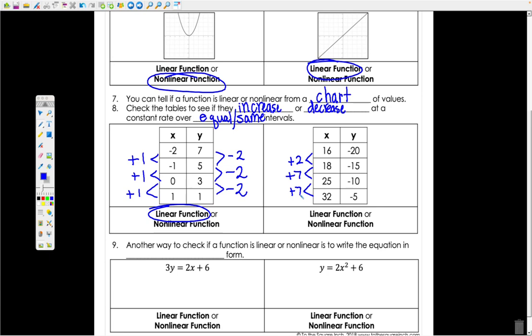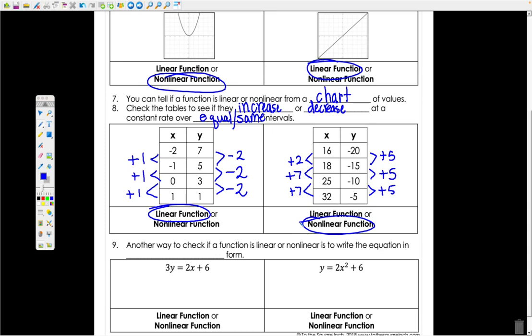However, if you were doing the y's first, you might think that it was, because from negative 20 to negative 15, you're increasing by 5, and increasing by 5 again, and increasing by 5. But what throws us off is that it's not a constant rate of change if this is an increase from 2 to 7, okay? So that means it's going to be nonlinear in some aspect. Last, yep, got to be the constant, same thing, equal, same intervals.